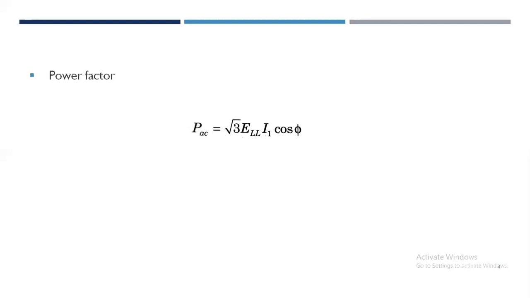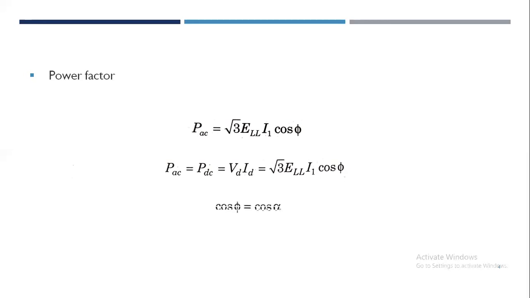The DC power must match the AC power, ignoring the losses in the converter. Thus, PAC equals PDC equals VD into ID equals root 3 ELL I1 cos phi. From this equation, we can conclude that cos phi is nothing but cos alpha.